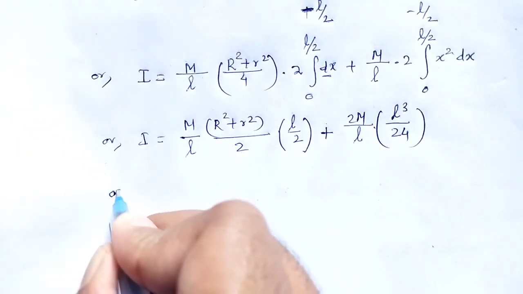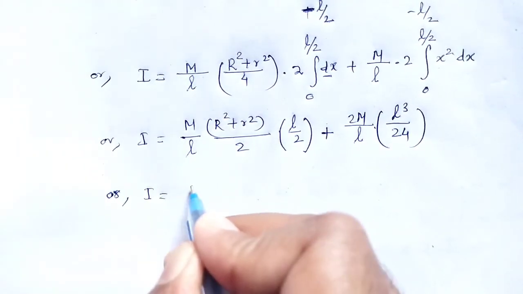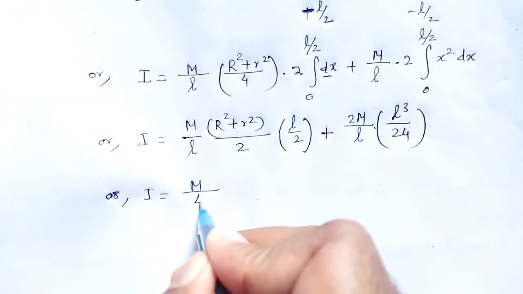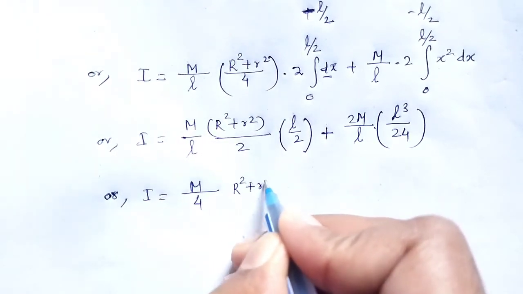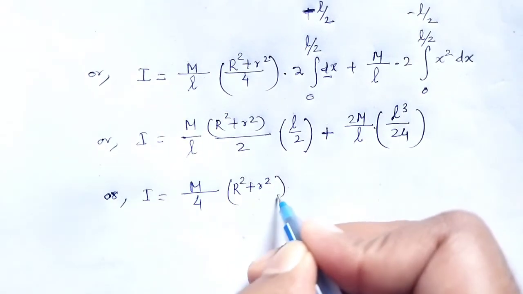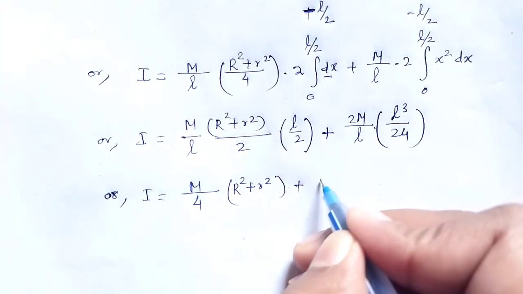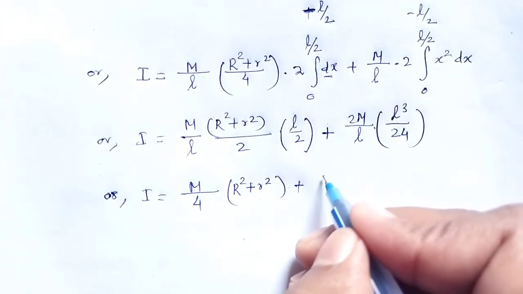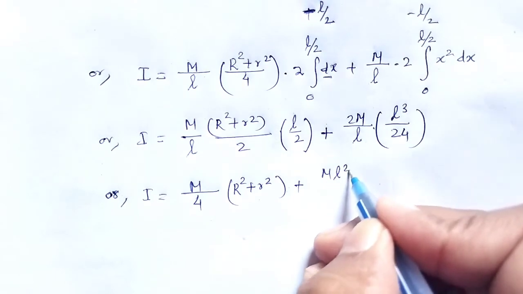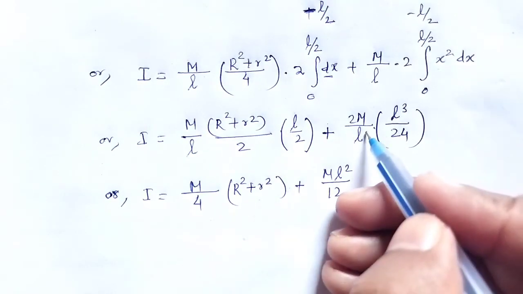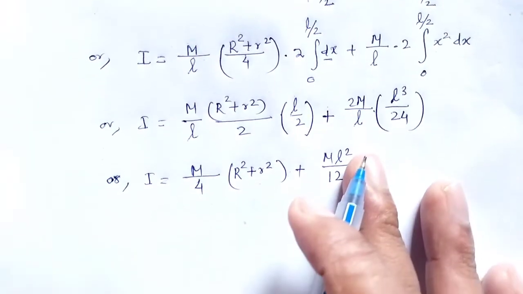or I is equal to m by 4, r square plus r square, plus m L square divided by 12, L square cancels out 2.